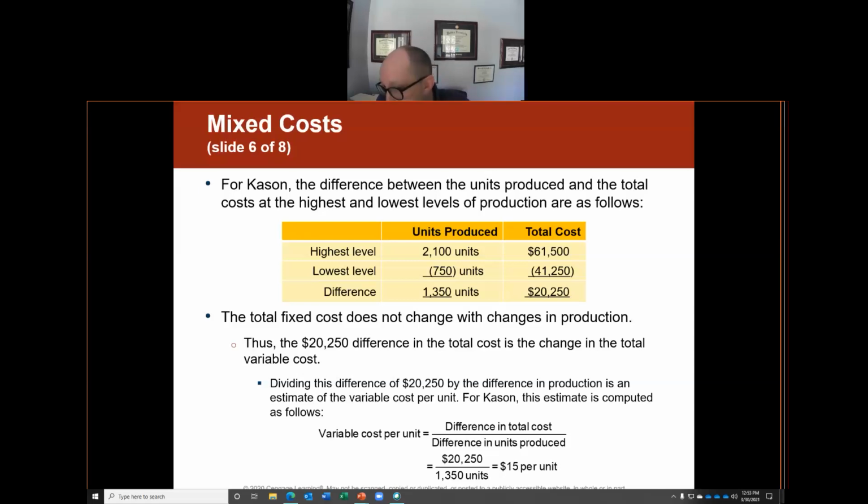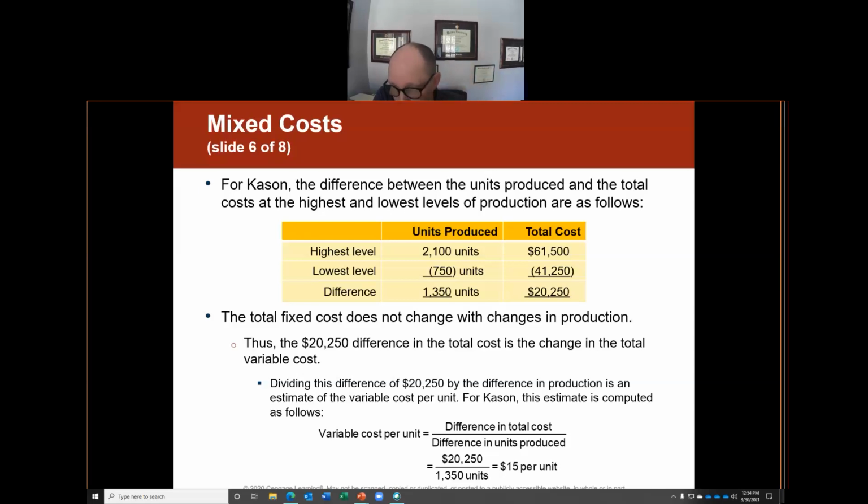High minus low. 2,100 units minus 750 is 1,350. That's the difference. High minus low. 61,500 total cost minus 41,250 total cost. The difference is 20,250.